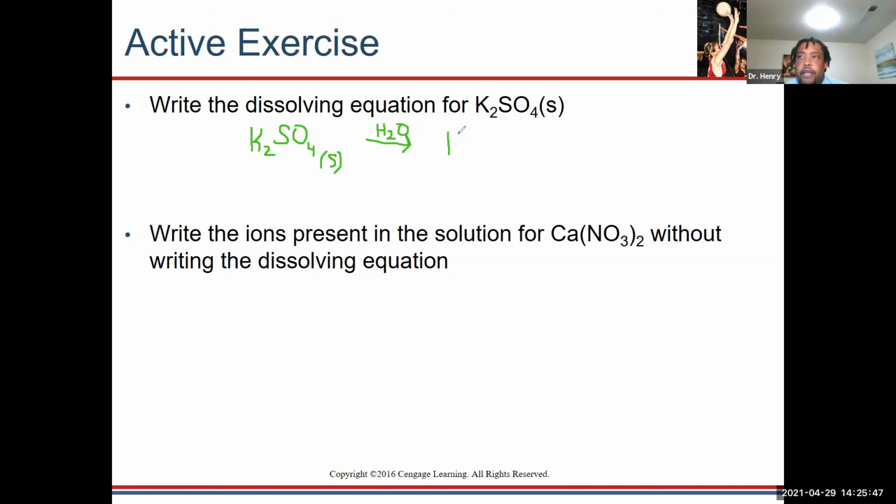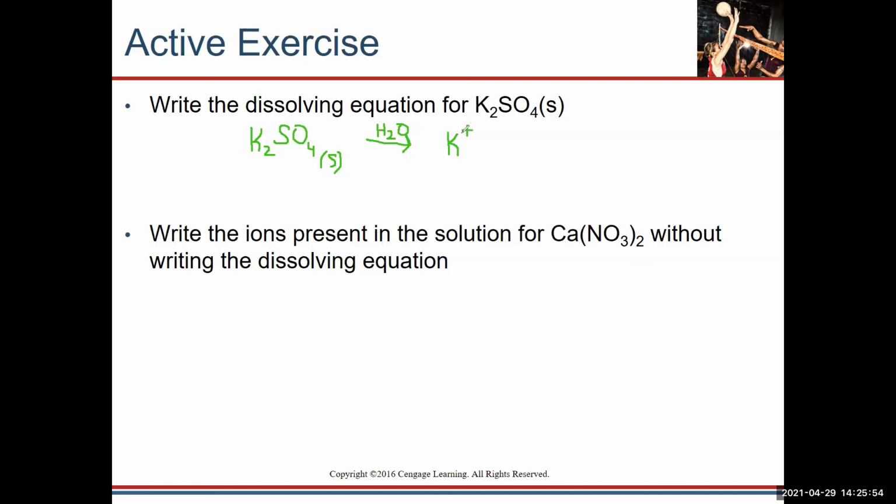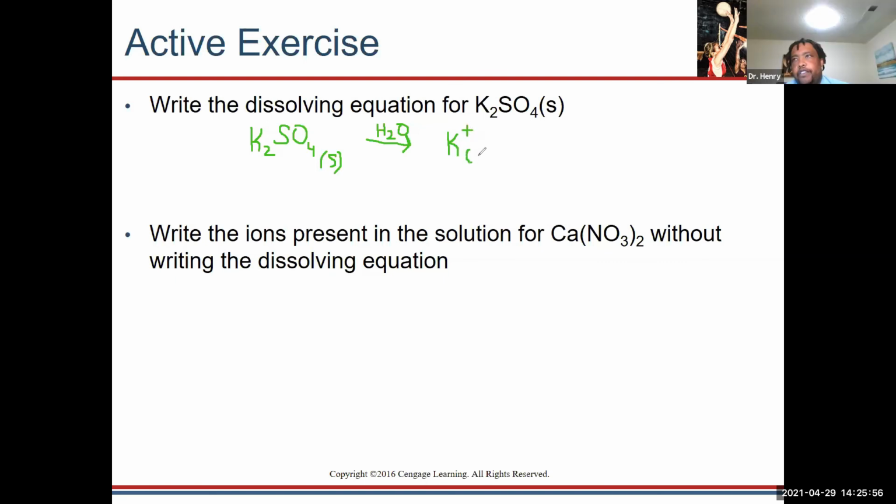So we're going to get our potassium ion. What is the charge on potassium? 1. Okay, so it's going to be potassium plus aq. That aq means in water. And there's going to be 2 of them because now they're broken up. Everybody's single, right? So they're able to separate to their ionic parts.